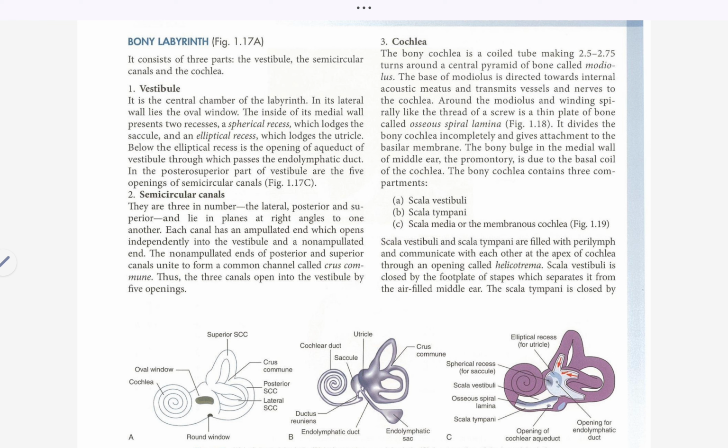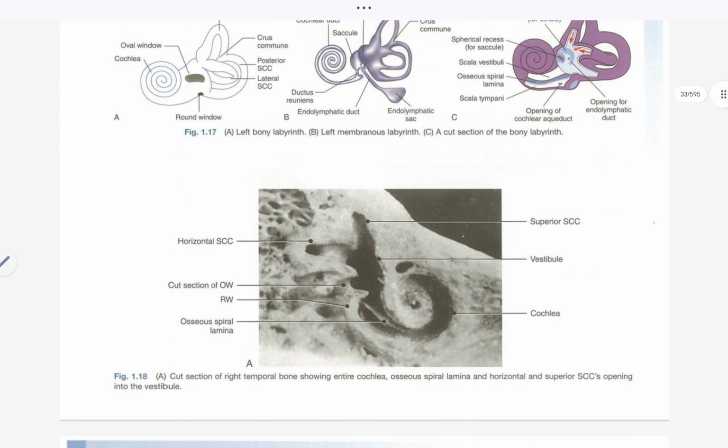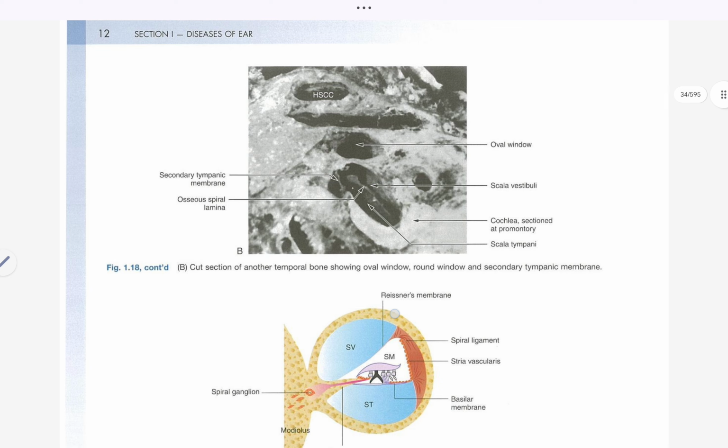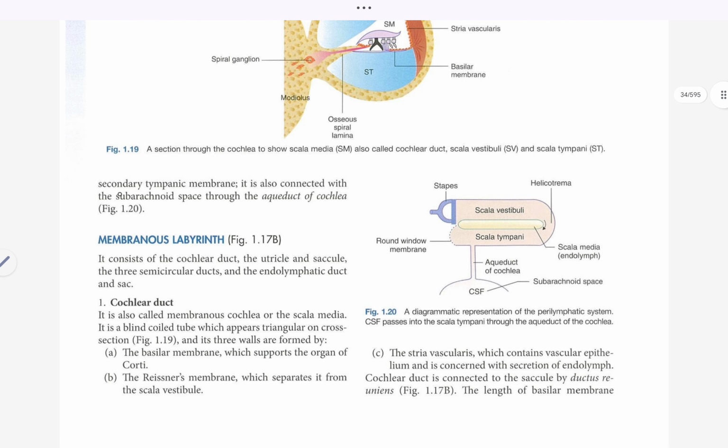Scala vestibuli is closed by the footplate of the stapes, which separates it from the air-filled middle ear. The scala tympani is closed by the secondary tympanic membrane. It is also connected with the subarachnoid space through the aqueduct of cochlea.